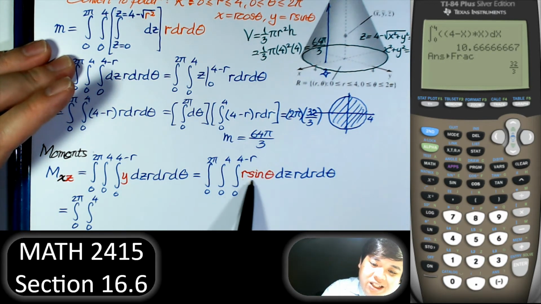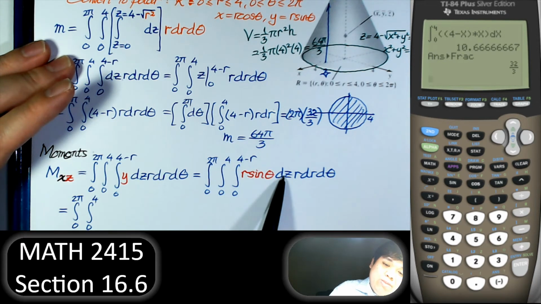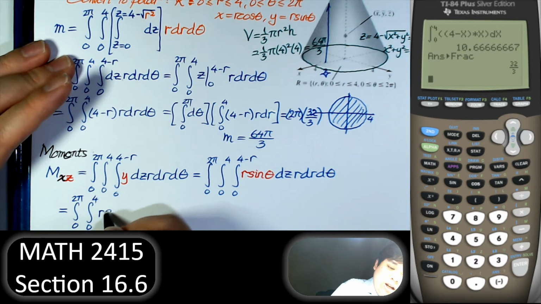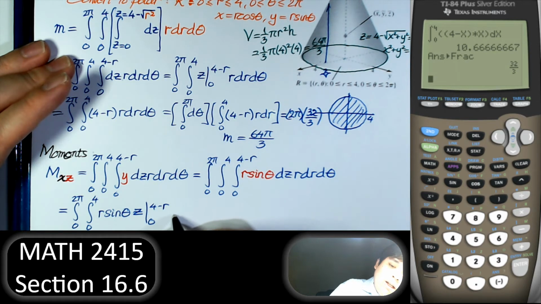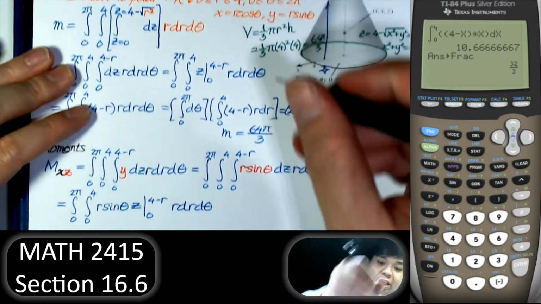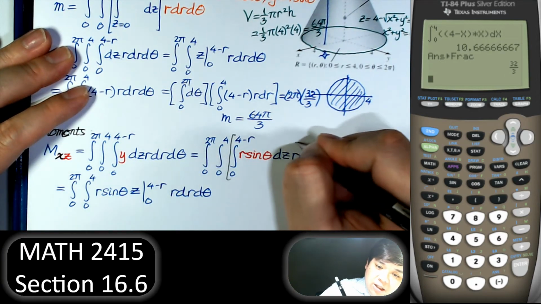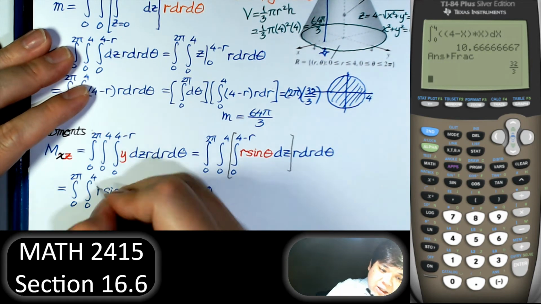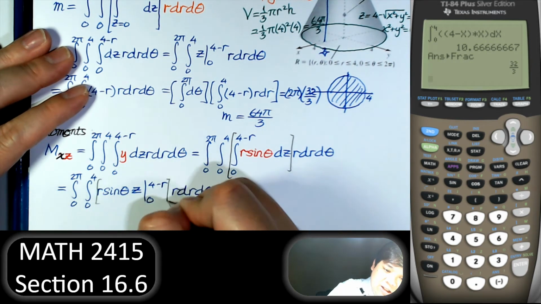There's no z in here, so the integral with respect to z is r sine theta, z from 0 to 4 minus r, and then r dr d theta. So it is easier to see if we just integrate this, and that gives us this.